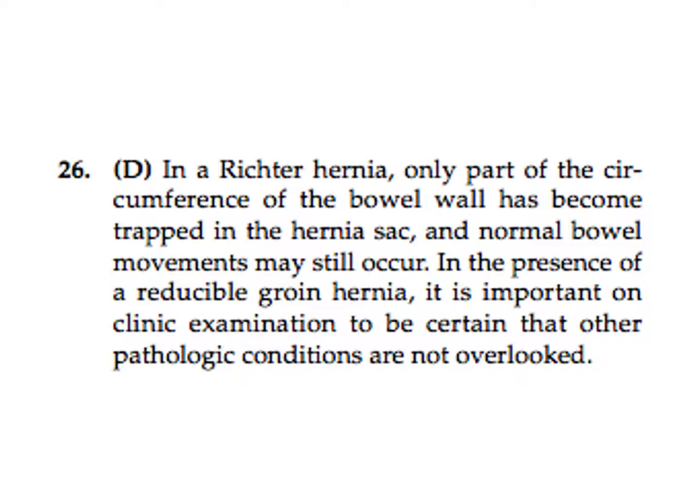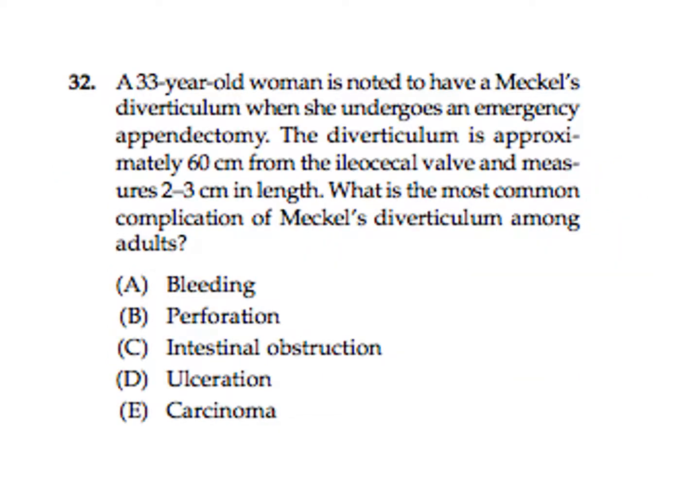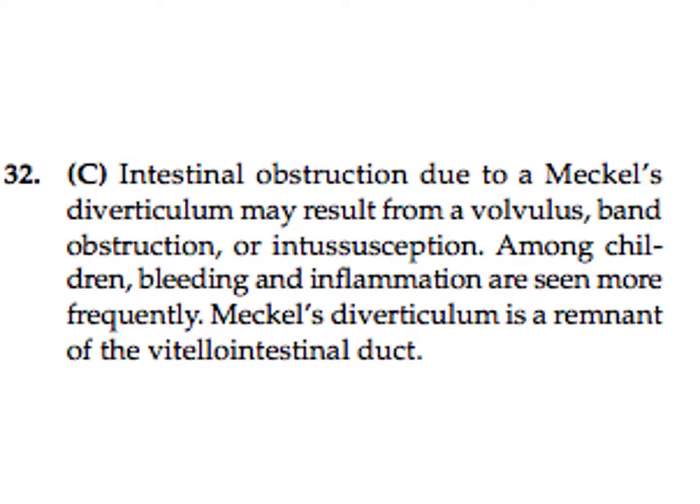It can kind of come and go. So you're still going to have regular bowel movements. So Meckel's in an adult is most likely going to present as an obstruction, versus in kids, they have the bleeding.